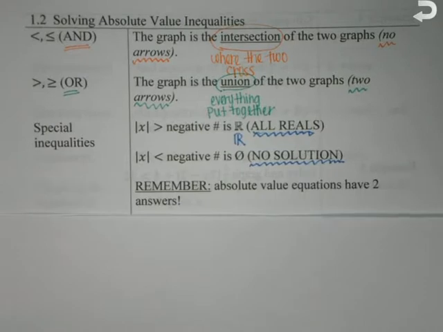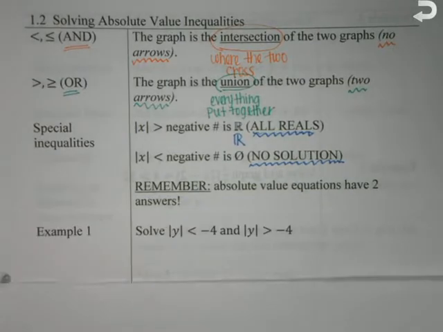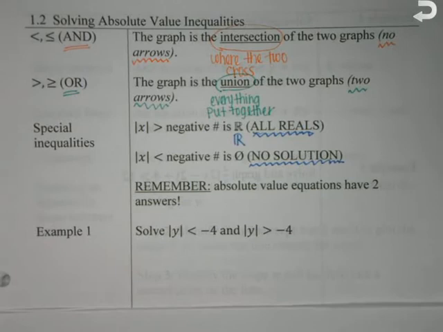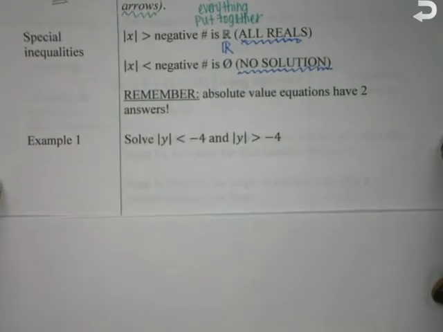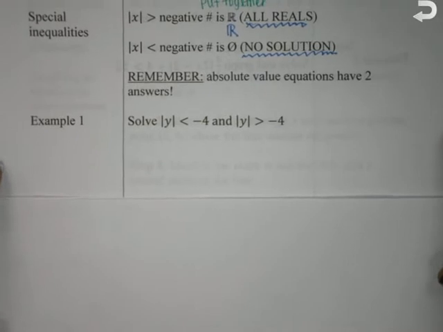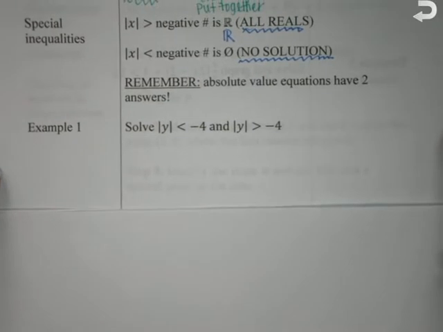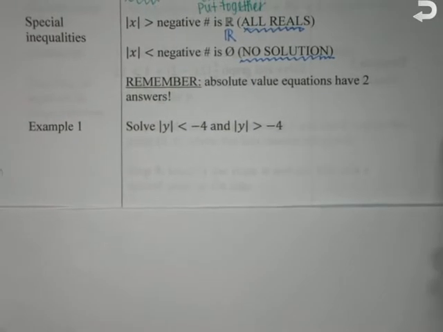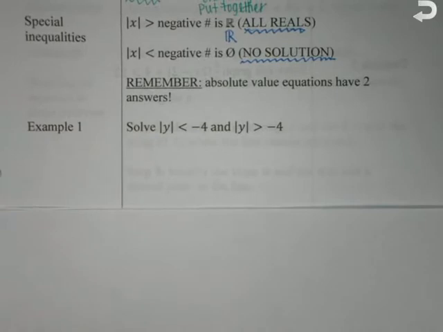Okay, so example 1. Example 1 says, solve for absolute value of y less than -4 and absolute value of y greater than -4. I'm leaving those special inequalities up there. See if you can tell me what the answer is. The first part, absolute value of y less than -4.